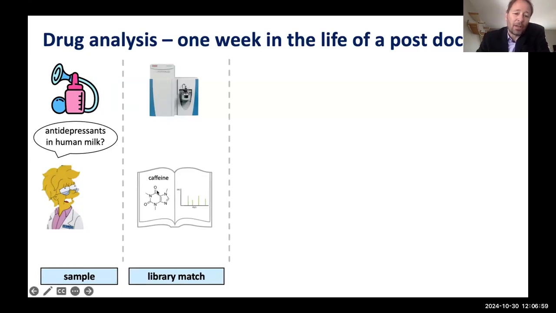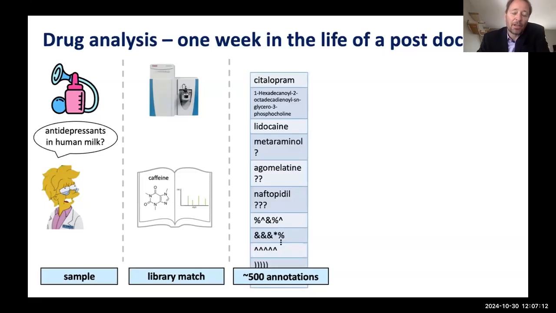And then we try to match it against this library. And so we have a reference spectra. If that matches to the data, we then assign that to be caffeine. That's just an example. And in breast milk, a reasonable number of annotations that we may get is about 500. And so now we have this list of names that we get.